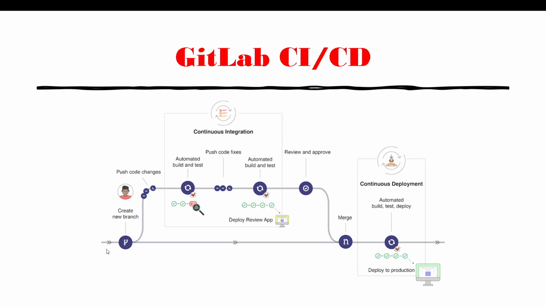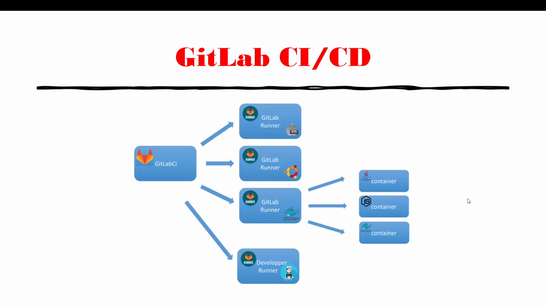It starts from where the developer pushes or commits the changes to the GitLab repository and ends with the deployment of the artifact to the respective environment. So let's understand how this happens, like how GitLab CI communicates with other tools and deploys the changes or the artifact to the environment.